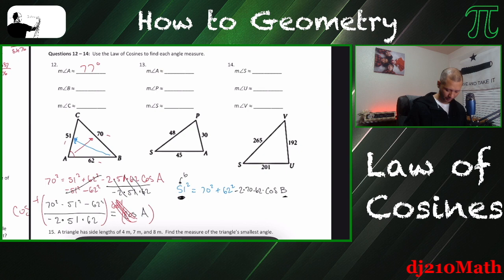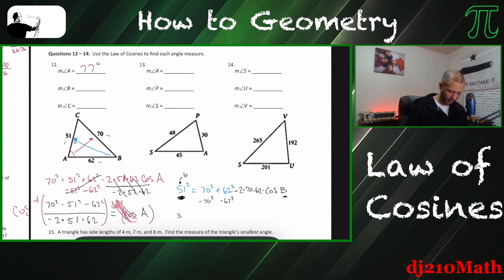Okay. We're going to subtract 70 squared and 62 squared. I'm not going to do minus 2 because it's being multiplied to something else. So we'll get to that later.